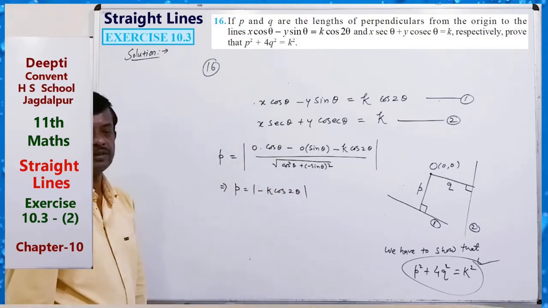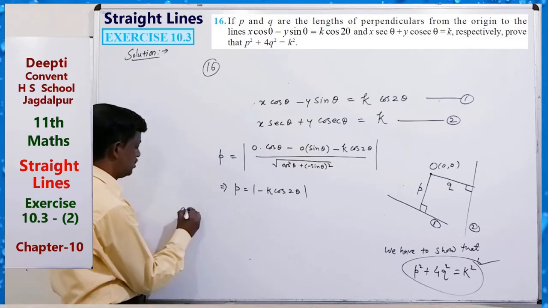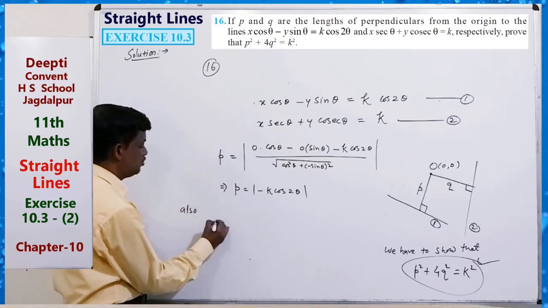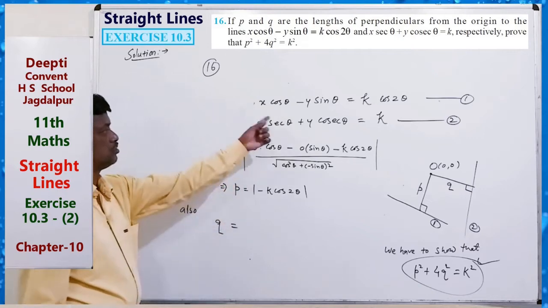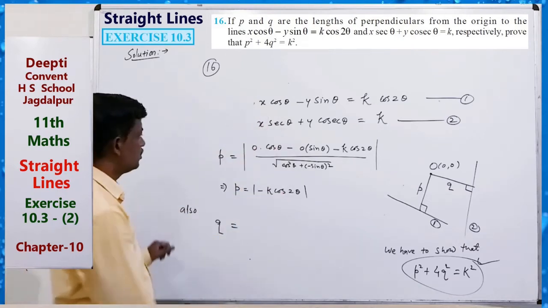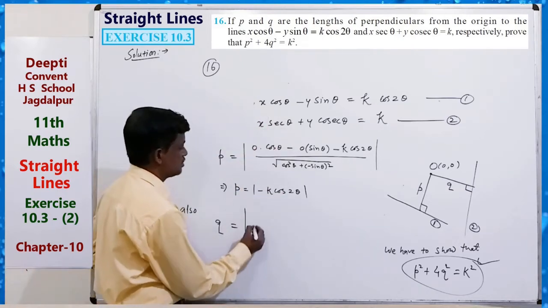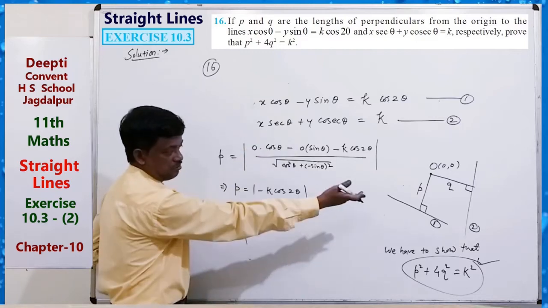And also, Q equals what? Q equals, just like this, the perpendicular distance.